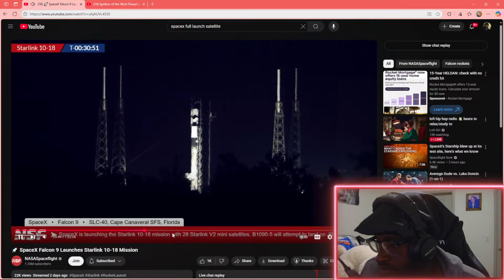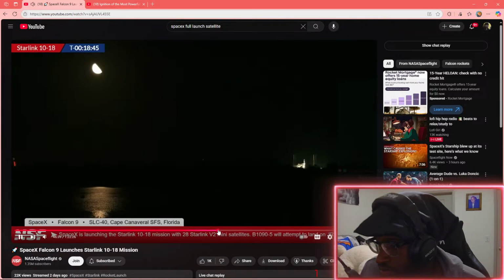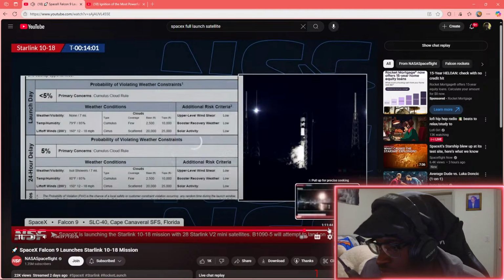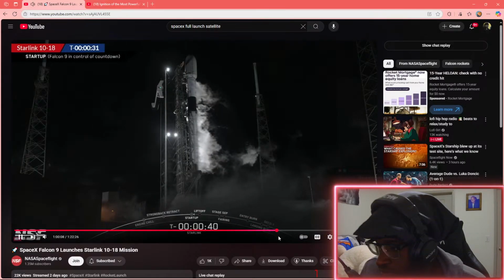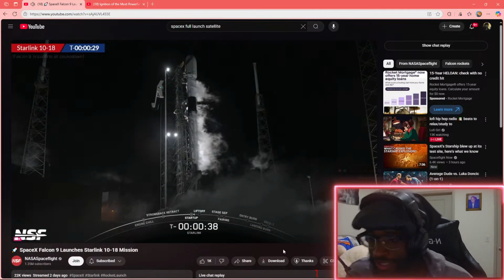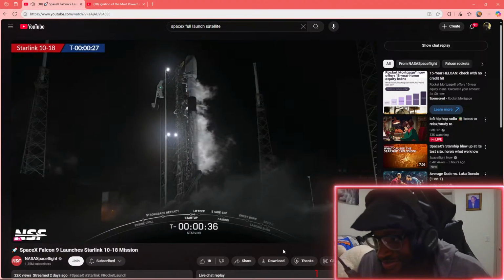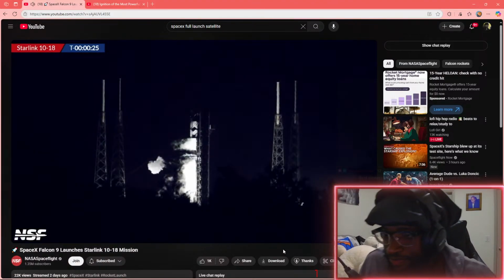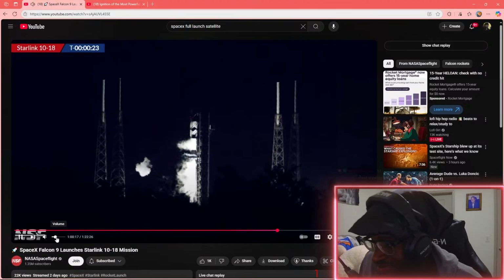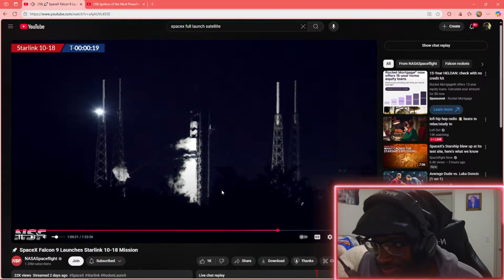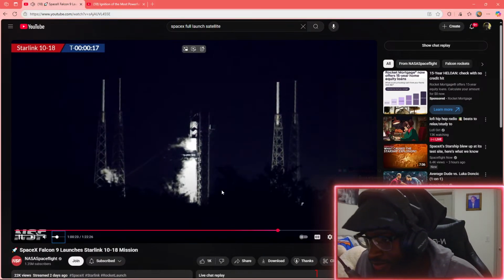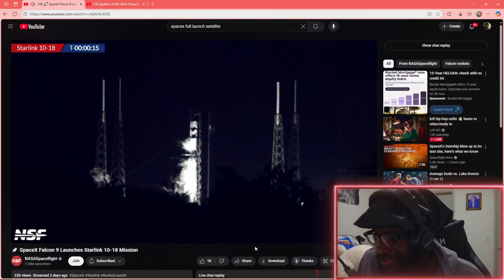Launch director, go for launch. Launch director, go for launch. There you go. Everything is go for launch. We are now under 30 seconds away. We will, of course, be quiet and let you listen to the sound as it lifts off. And it will take a couple seconds because we are a couple miles away with this view.